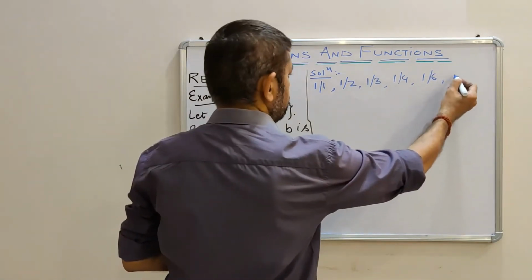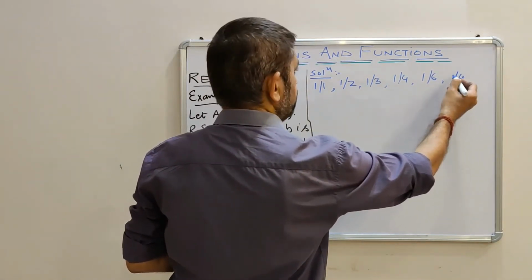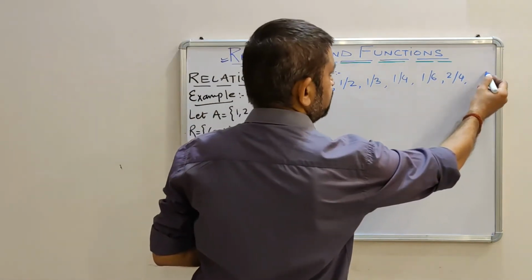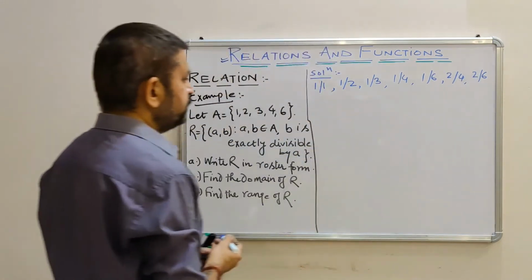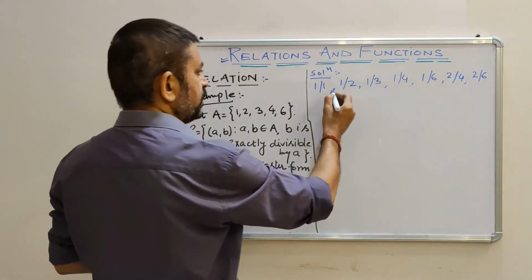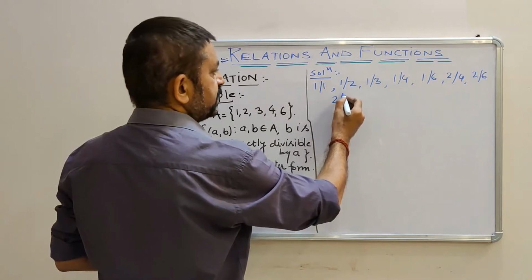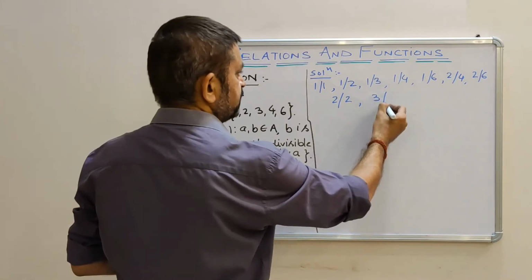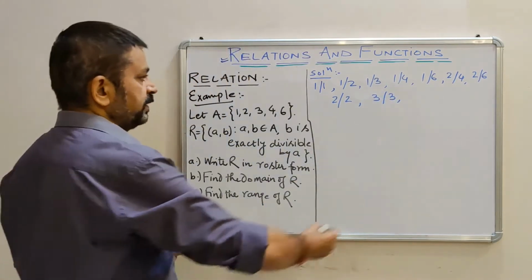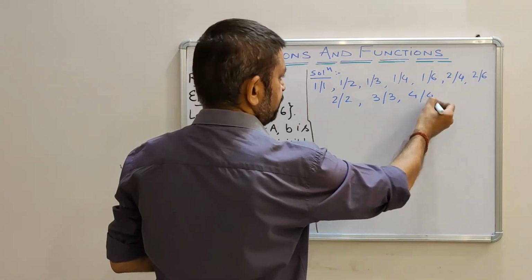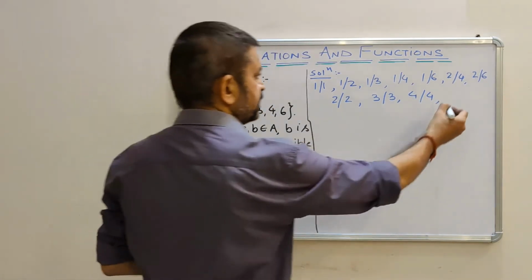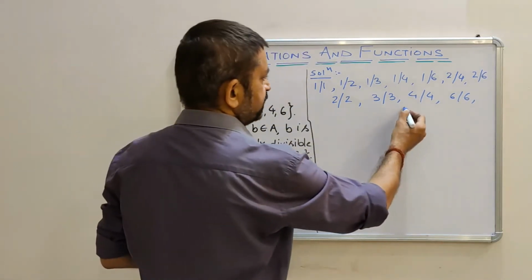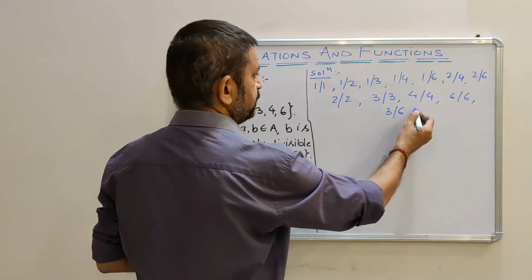Then 4 is exactly divisible by 2, 6 is exactly divisible by 2, 2 is exactly divisible by 2, 3 is exactly divisible by 3, 4 is exactly divisible by 4, 6 is exactly divisible by 6, and one more is here, 6 is exactly divisible by 3, right?